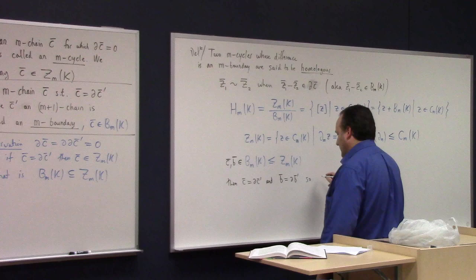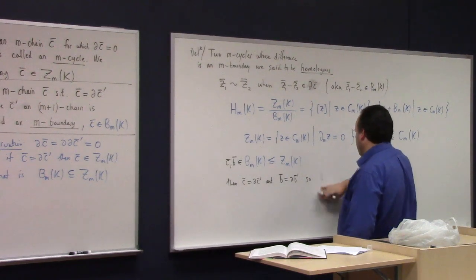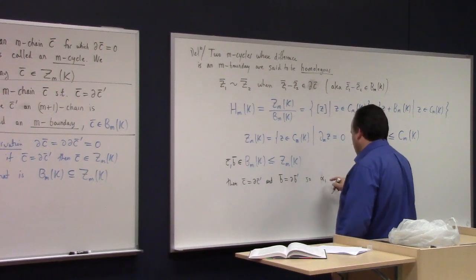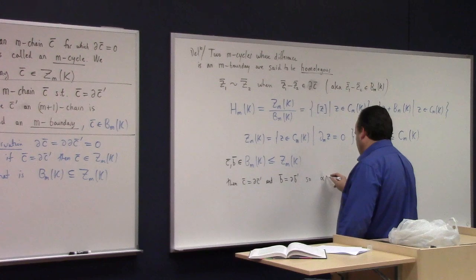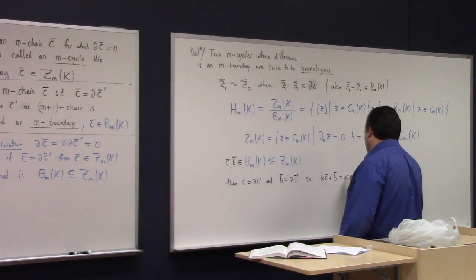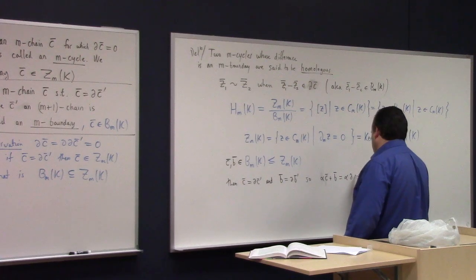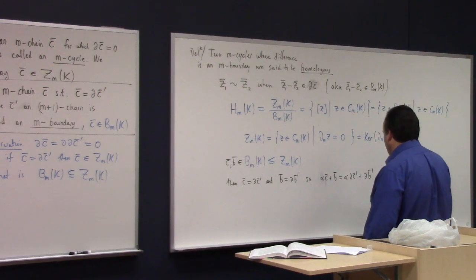So if we look at alpha, a real constant, times C bar plus B bar, well, that's alpha times the boundary of C bar prime plus alpha times the boundary of B bar prime.